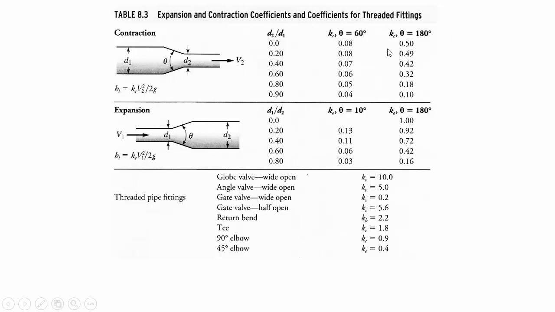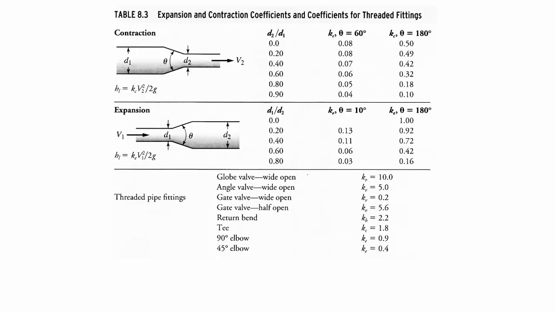And so 180 degrees would be just an instantaneous connection, meaning that your large pipe immediately transitions down to a small pipe with a right angle between.